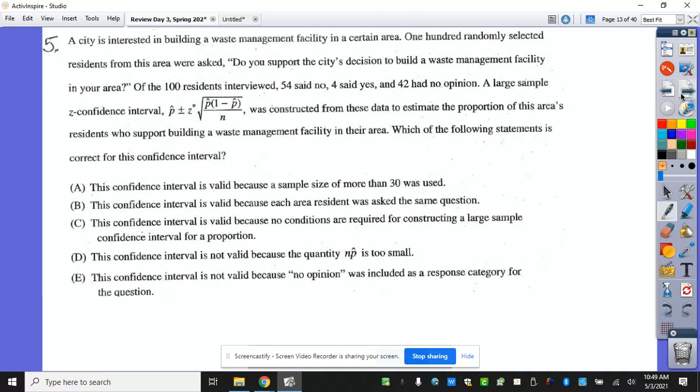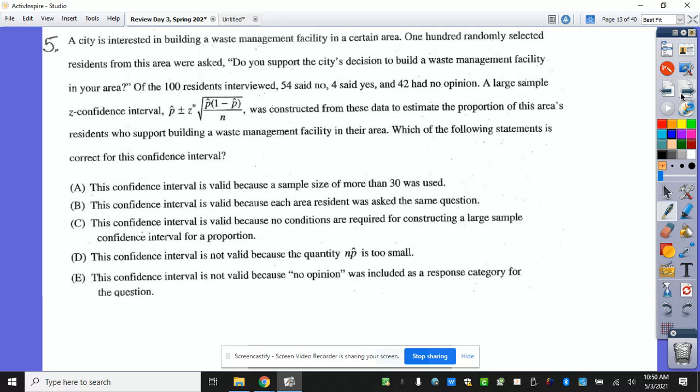Number 5, and this is our 13th problem. This is an extremely, extremely easy problem. This is a wording confusing problem. Sometimes I glance ahead, especially if it's super wordy.